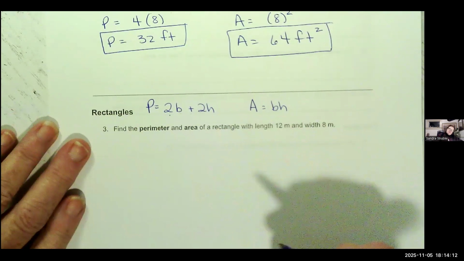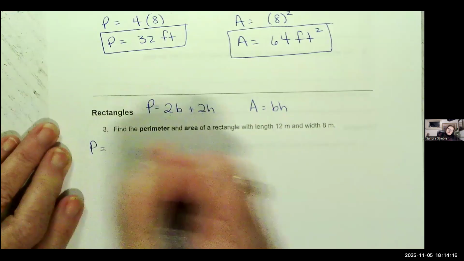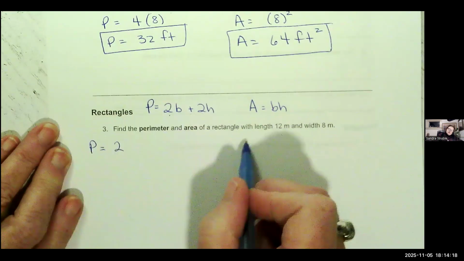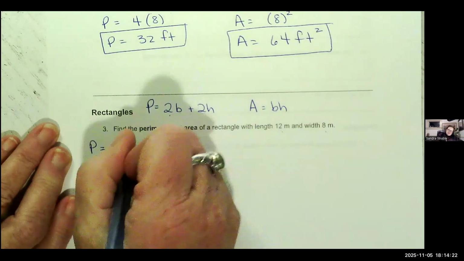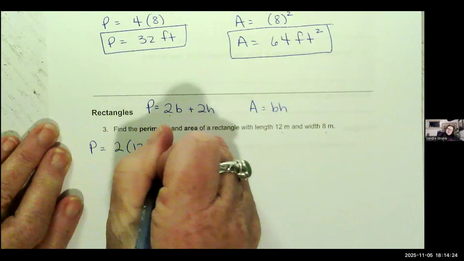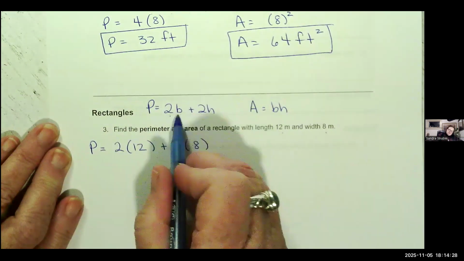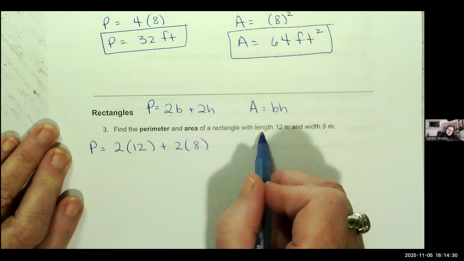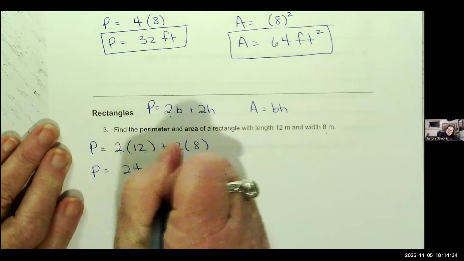So our perimeter is 2 times 12 plus 2 times 8. Okay. Remember, base and height can be used as length and width. Same thing. 2 times 12 is 24. 2 times 8 is 16. And now we add those.